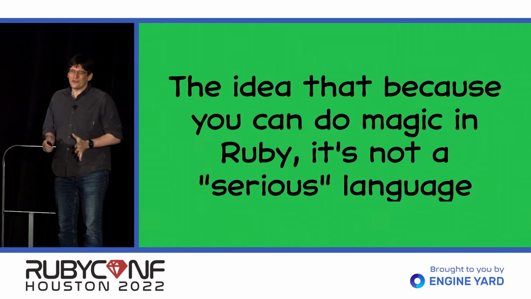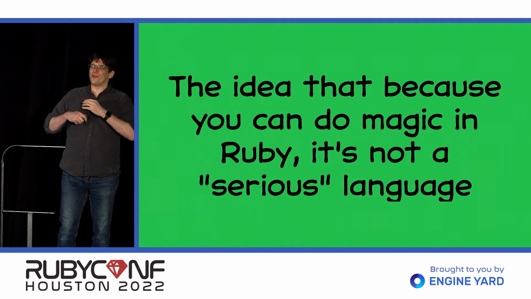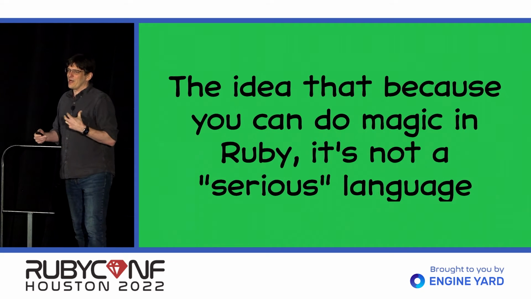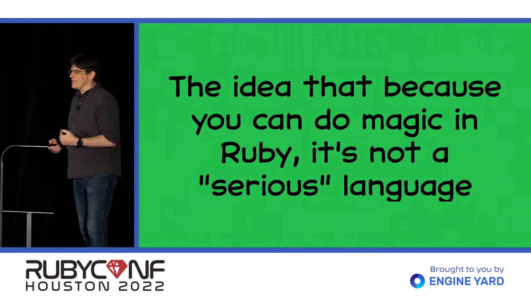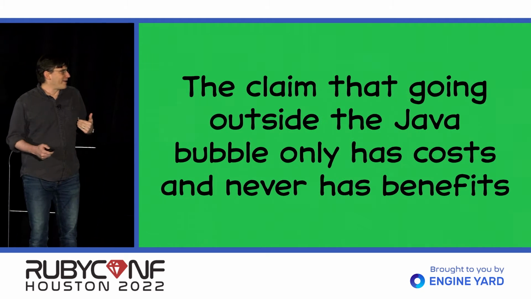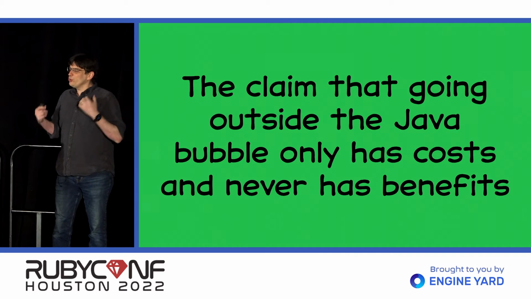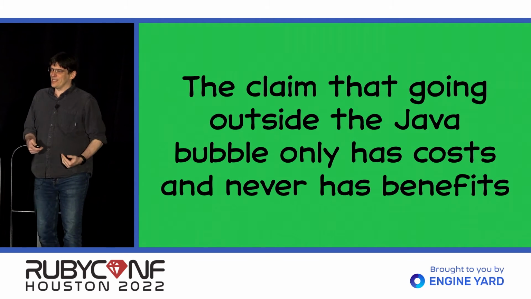There's this sense that because you can do these very dynamic things, it is somehow preventing you from being able to do real work in Ruby unless we don't do those things. There's a related claim that going outside that bubble only has costs and never has benefits.